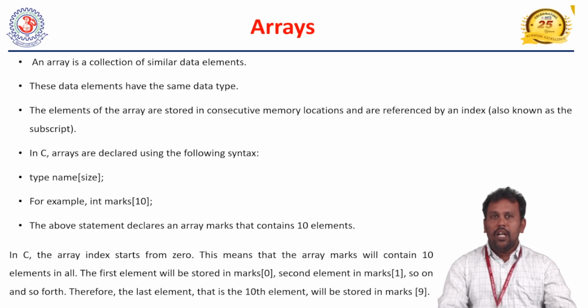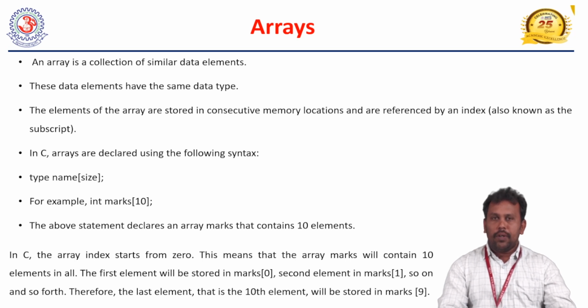In C, arrays are declared using the following syntax: type, name, and size. This means we specify the data type, the name of the array, and the size of the array. For example, int marks[10]: int is the data type, marks is the array name, and 10 is the size of the array.